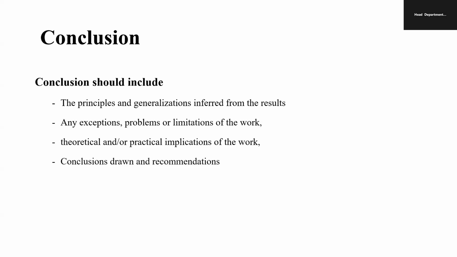Who are the other researchers who found a positive relationship between these two? Then we can write that these researchers found the same kind of relationship between these two variables. Likewise, we have to justify our findings according to the theories and other literature.